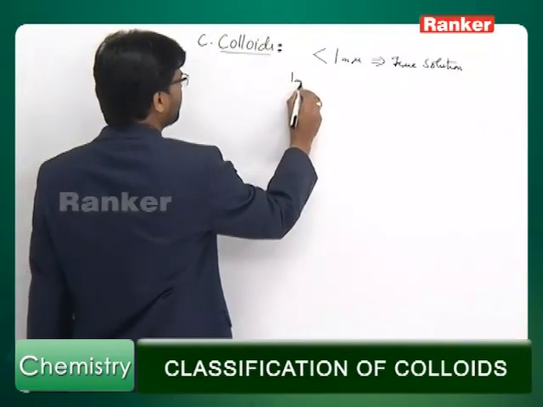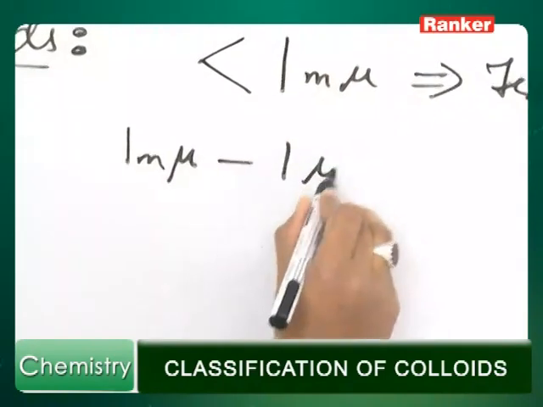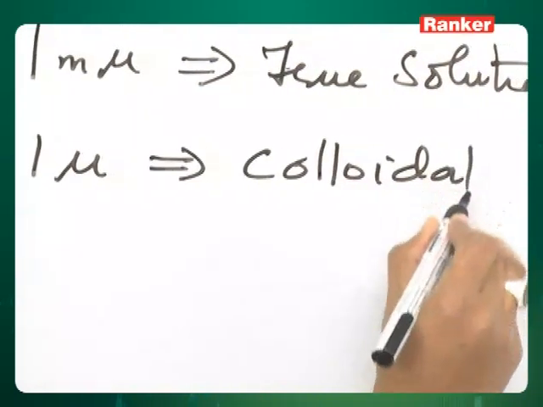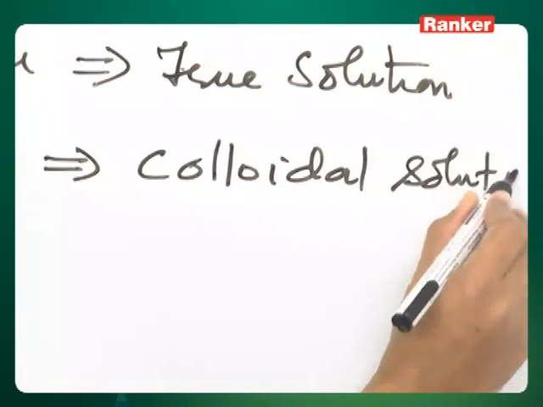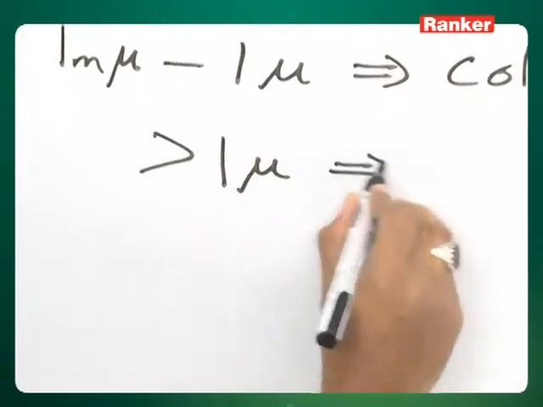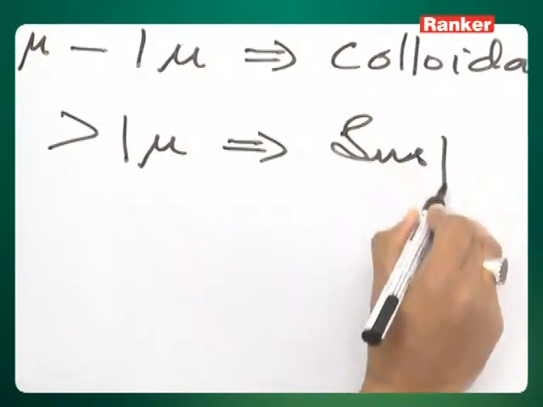If it is in the range of 1 millimicron to 1 micron, then you call it colloidal solution. If it is greater than 1 micron, then it is described as suspension.